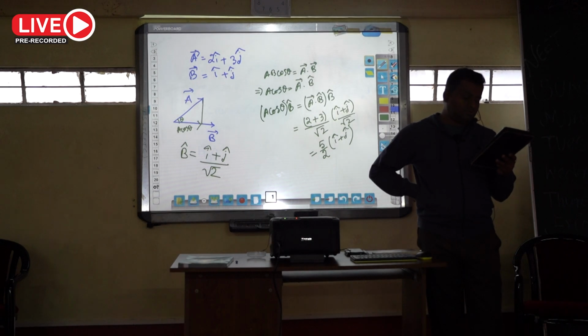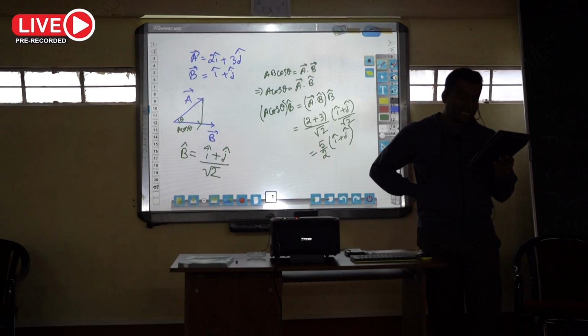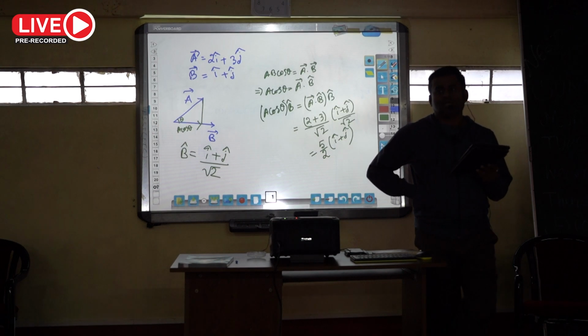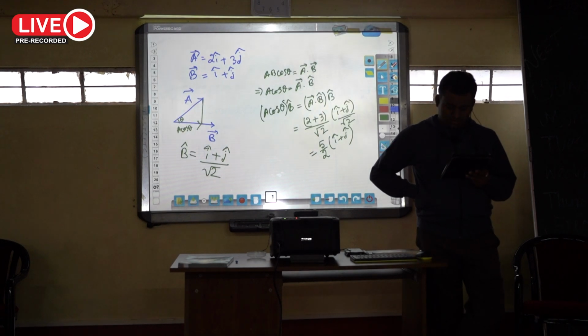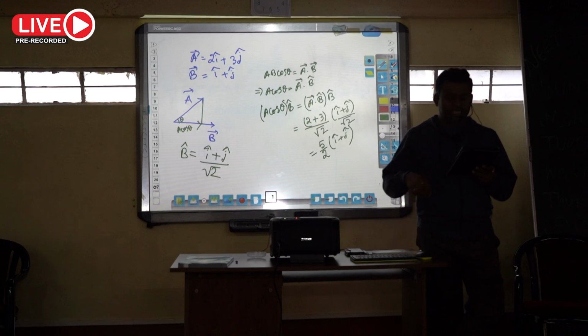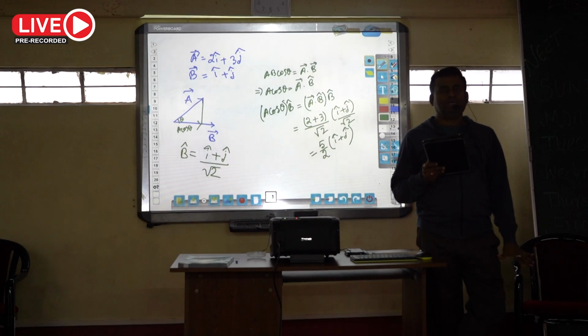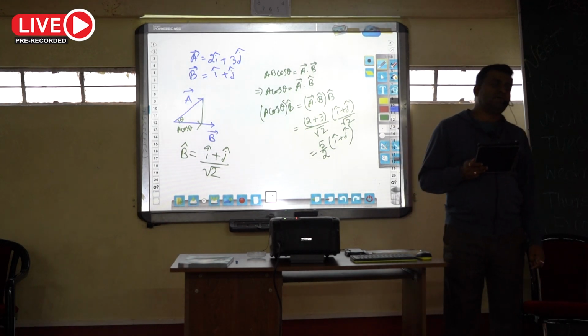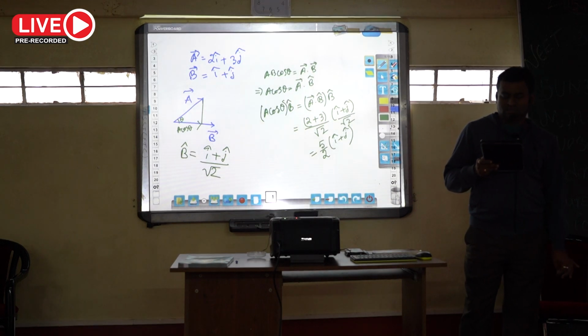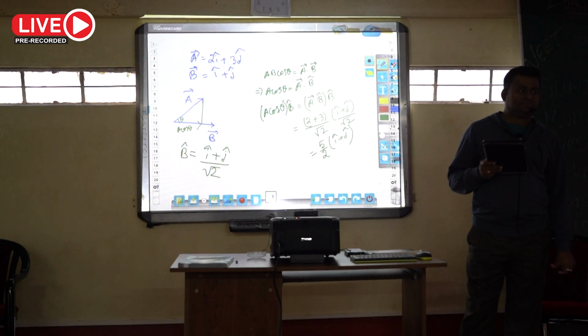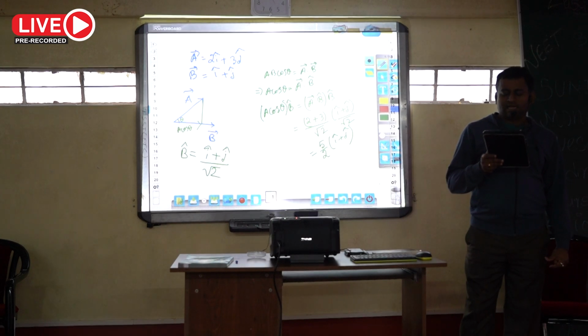Its speed after 10 seconds is: option A 7 unit, option B 7 root 2 unit, option C 8.5 unit, option D 10 unit.